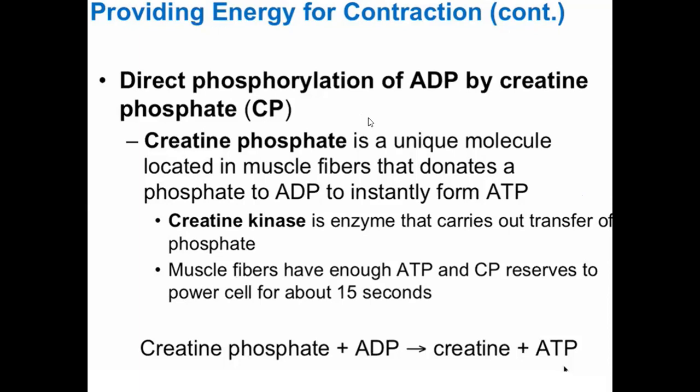Now, when the need arises, this creatinine phosphate can actually phosphorylate an ADP to generate back the ATP. And now the ATP will be available for use. Are we together up to that point? It's a temporary storage.